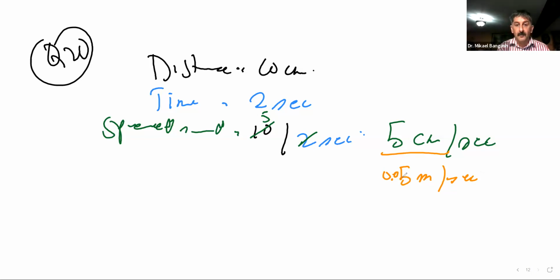Because what we got here was the speed in centimeters per second. But the answer may not necessarily be given in centimeters per second. It can be meters per second, micrometers per second, or millimeters per second. So you may have to convert from centimeters, which you got from your original math from the equations or the values given, to see if it matches any of the answers.